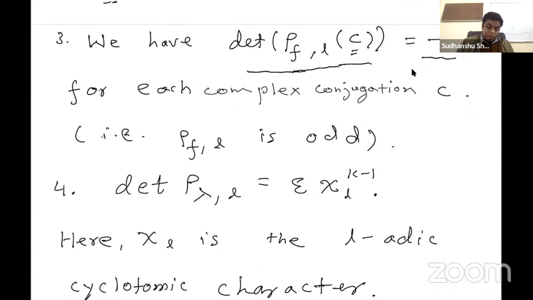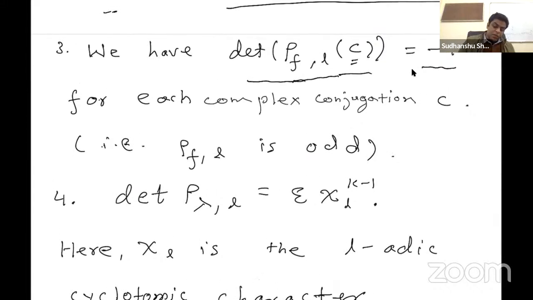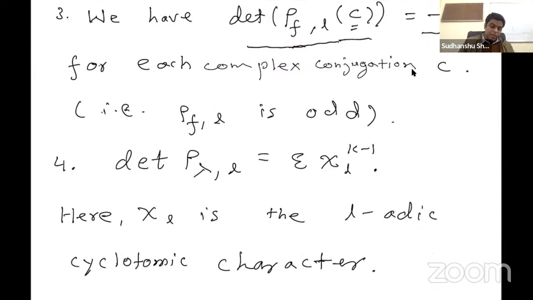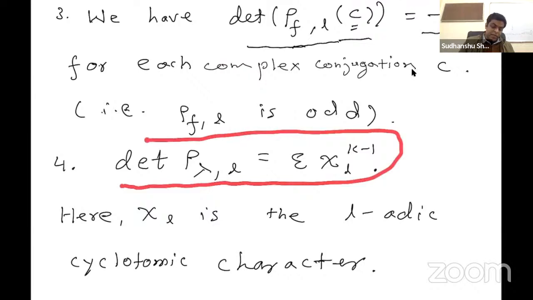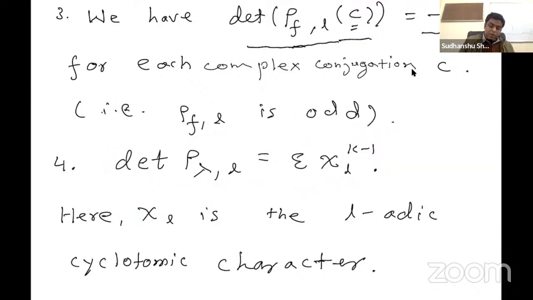Now, this is about the value at complex conjugation, but in general the determinant character is nothing but the product of the even type and a power of the cyclotomic character. This power is what tells you the weight of the modular form.